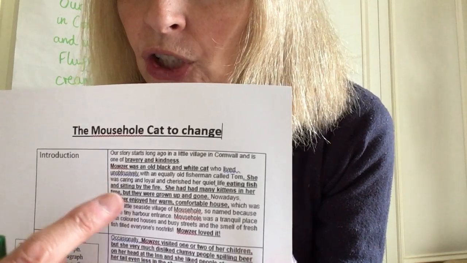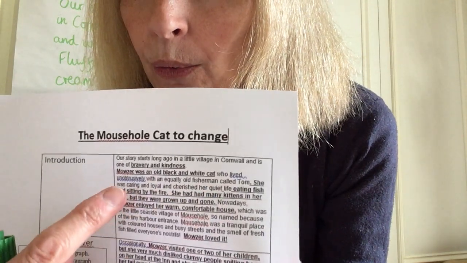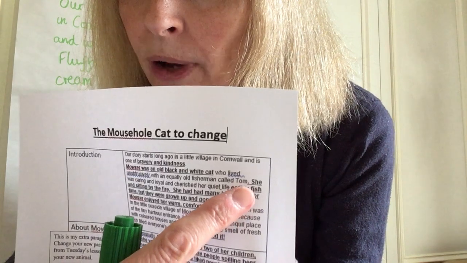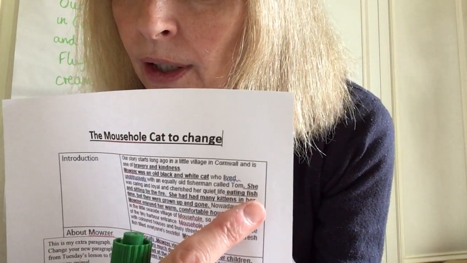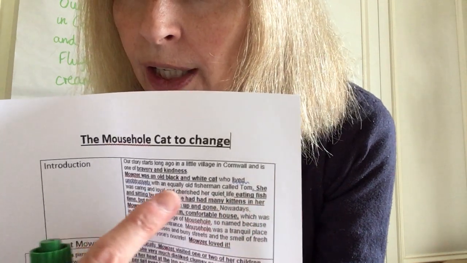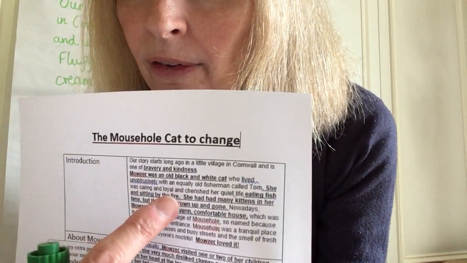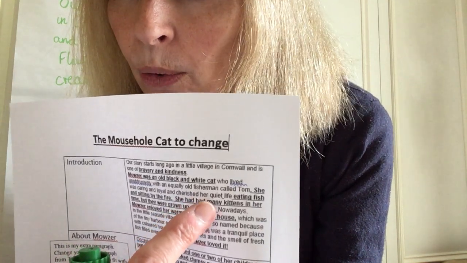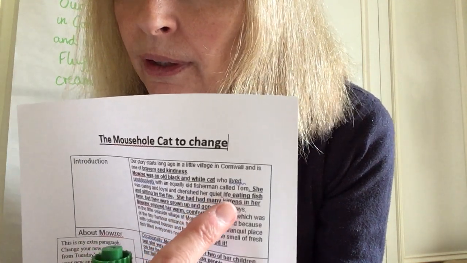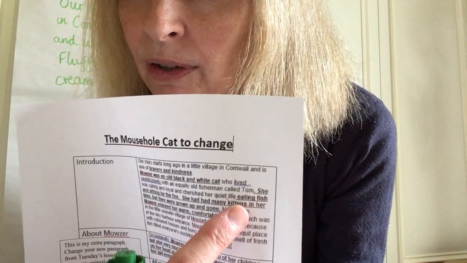With Tom, she, now you might not have a she, so you might have to change that, because if your animal is a he, that will have to change, won't it? She was caring and loyal and cherished her quiet life. Now, she might eat mice because owls do eat mice.